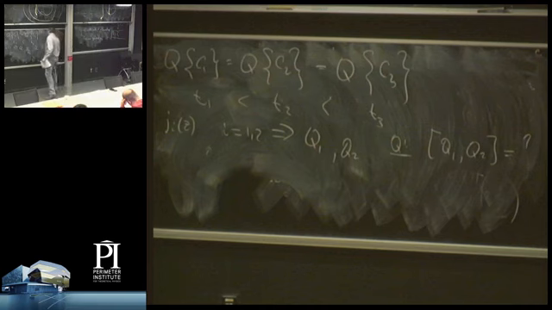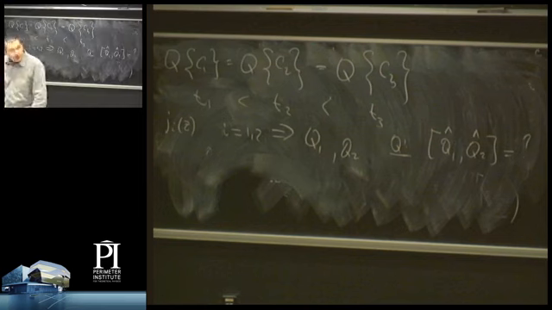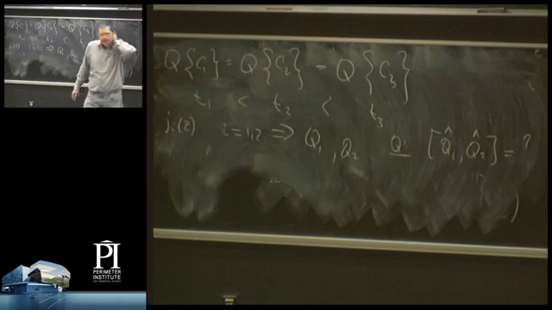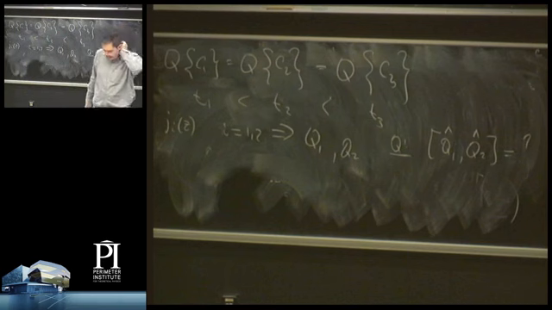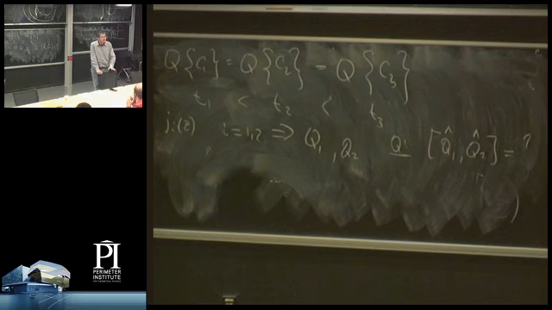I will put a hat to denote that it's an operator rather than a contour integral. Everything we did before was just a contour integral. All right, before I do that, I have to go back to something that you all must know, which is quantum mechanics and the path integral representation of quantum mechanics, and going from the path integral to a Hilbert space.